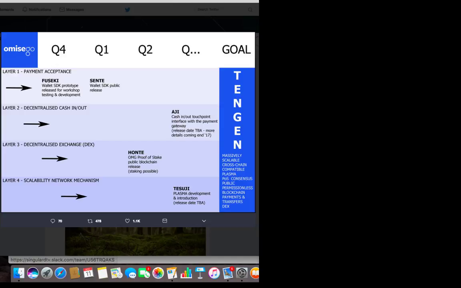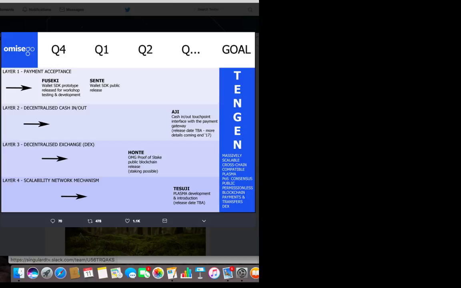Omisego, the way I envision it, is like the highway for trading cryptocurrencies. Okay, once you're on it, once you have your cryptos, Omisego is probably the best product that will be out there to facilitate trading and to perform commerce with businesses that also are basically adopting this technology. The real problem, though, is how do you bring in new people? How do you onboard the developing countries' populations?